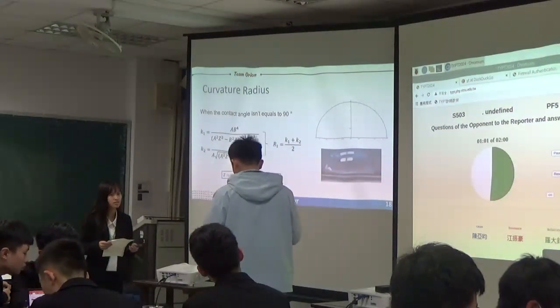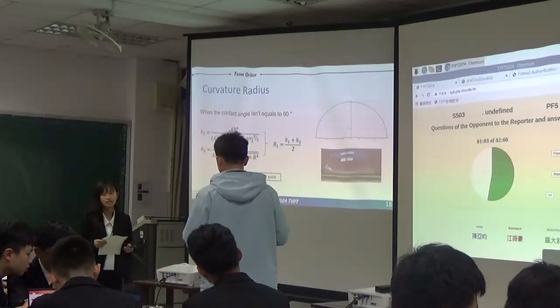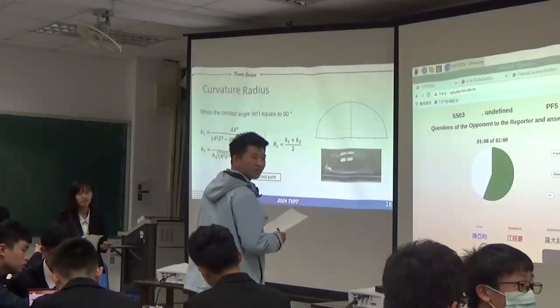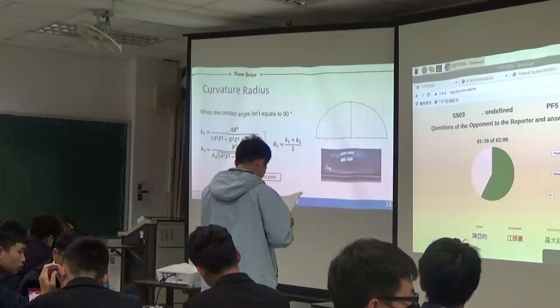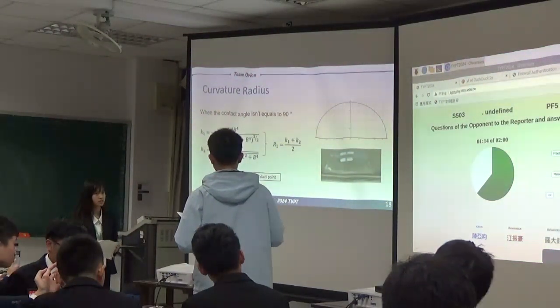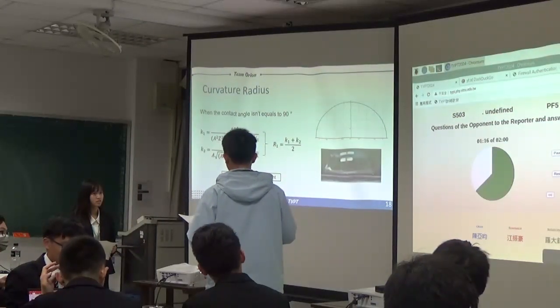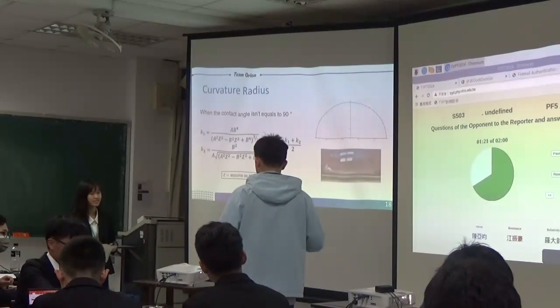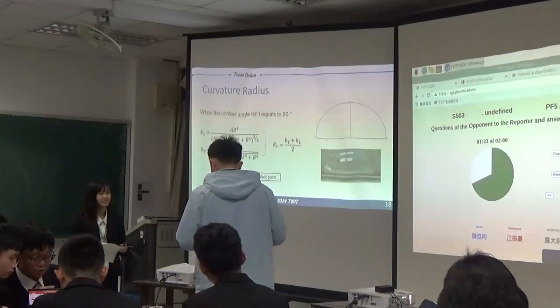Do you use angular or transfer? I'm not quite sure. The transfer magnification is the thing that actually makes the image look larger. Can you explain more?